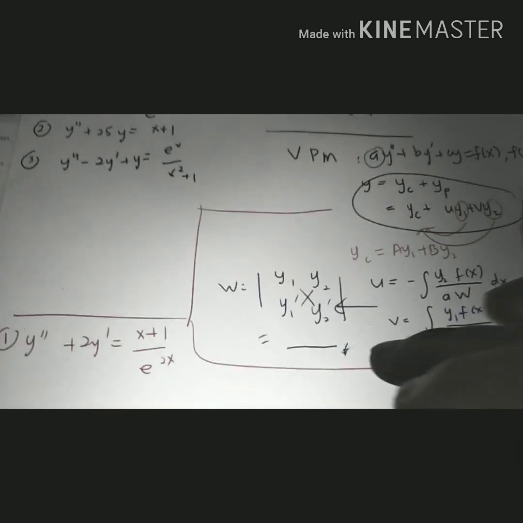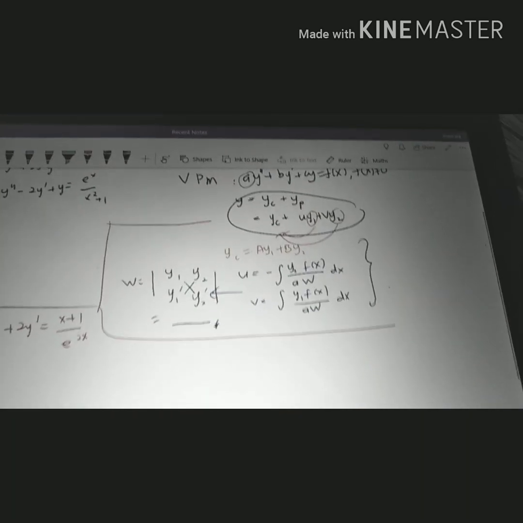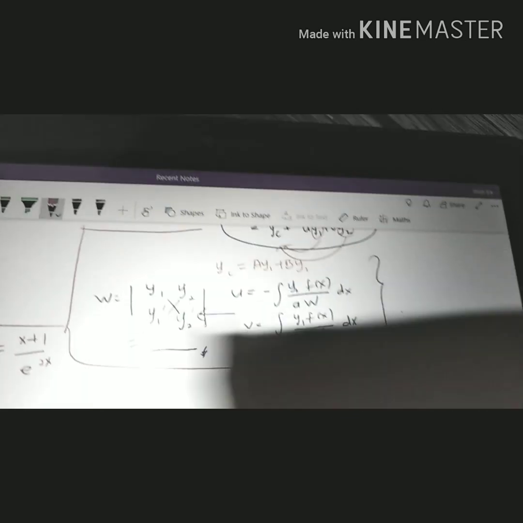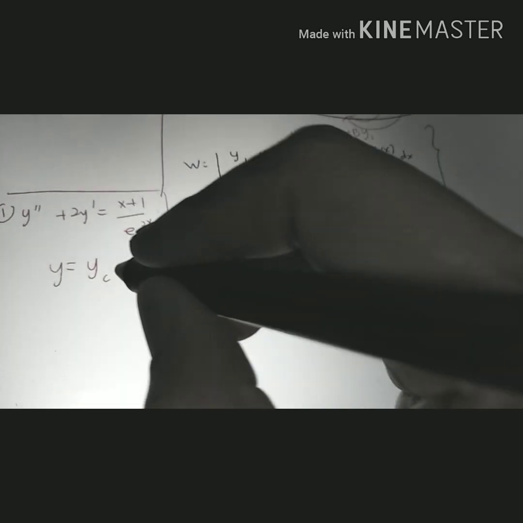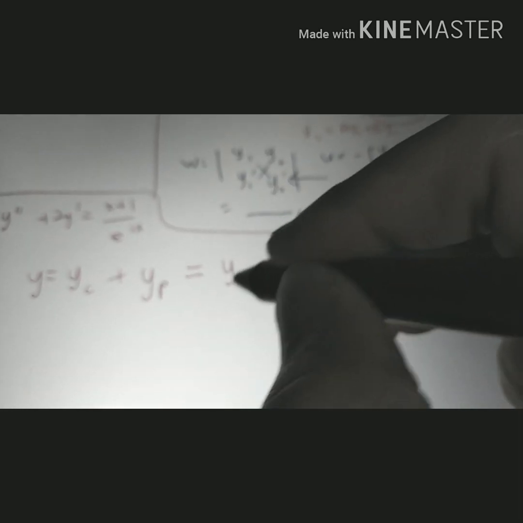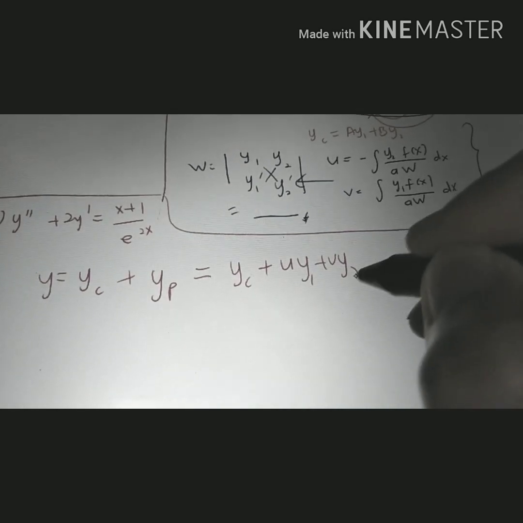Okay, so now we want to solve this one. We know that the solution to variation of parameters method is y equals yc plus yp. This equals yc plus u y1 plus v y2.